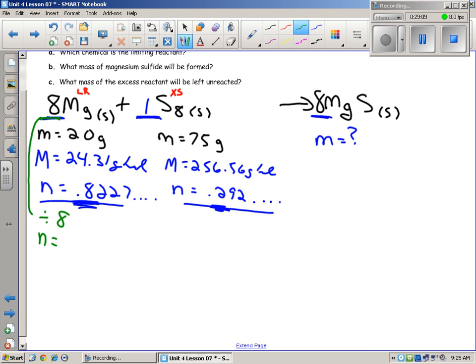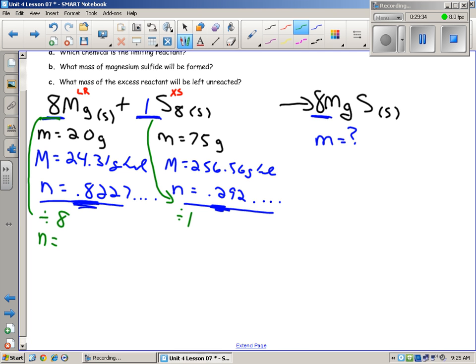When I divide it by 8, it brings it down to a 1. This is already for 1 right here, so I don't have to divide there by 1. If there was a different number there, I would divide it by a different number, and we'll look at that on the next one. But I'm going to divide the first one by 8, and it's going to bring it down to a 1.